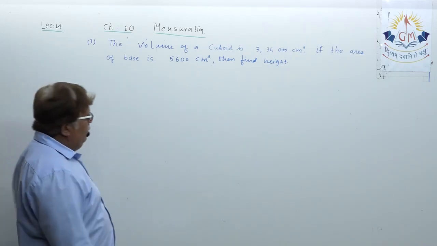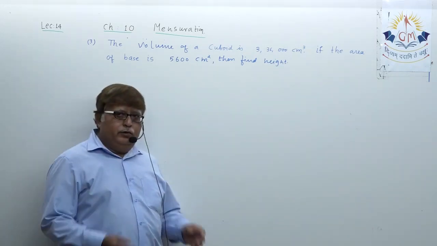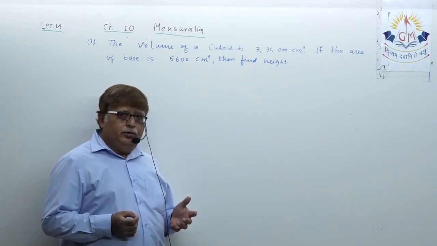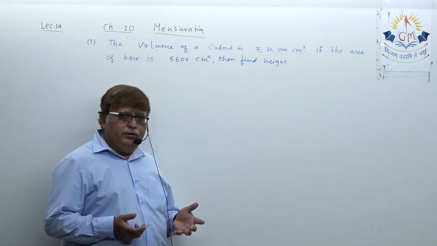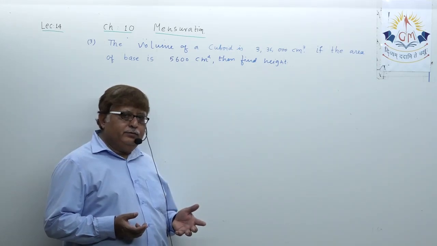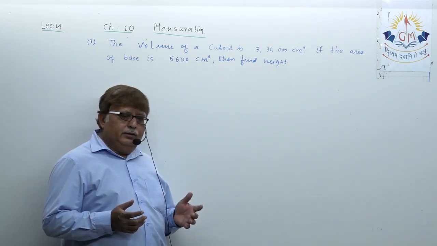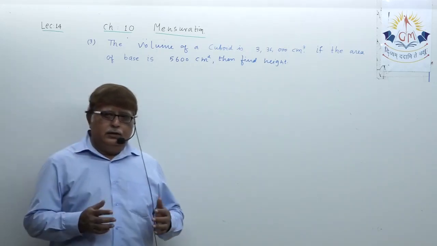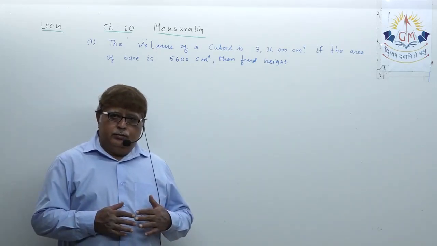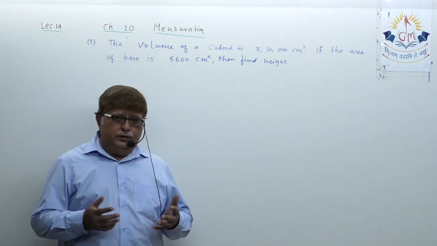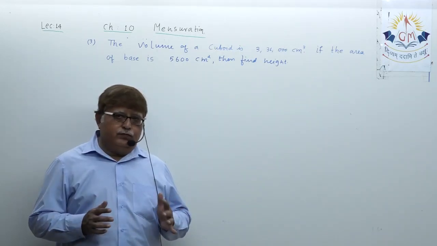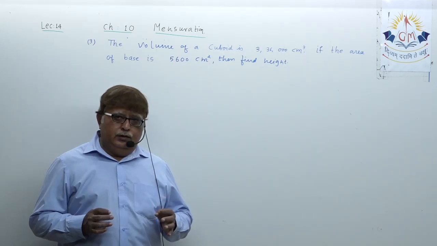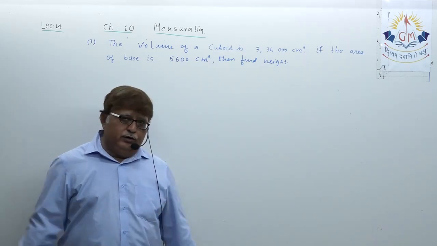Actually, you know the formula of volume of cuboid, you must be knowing. That is L into B into H, length into breadth into height. Nowhere in the formula is area of base given.